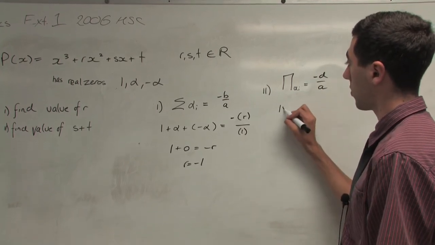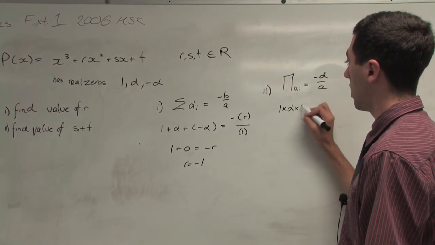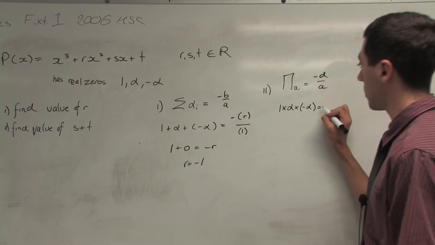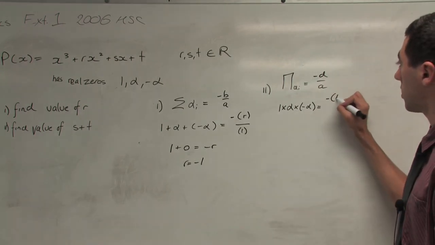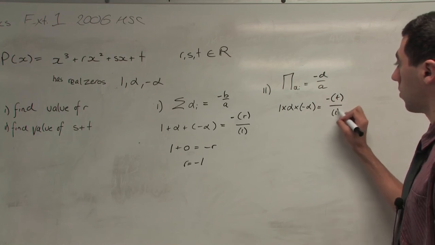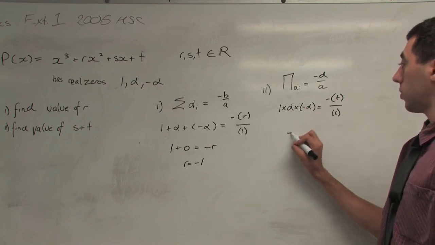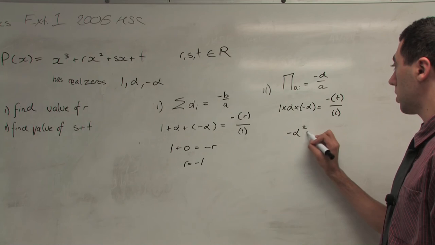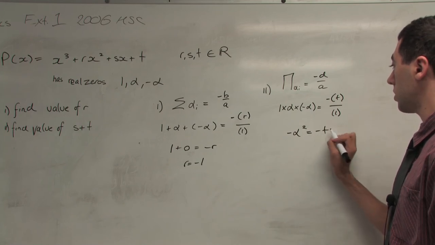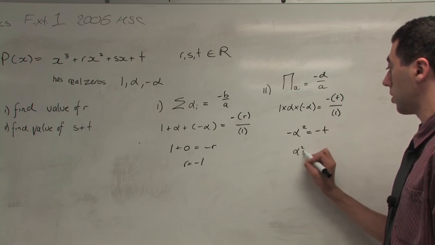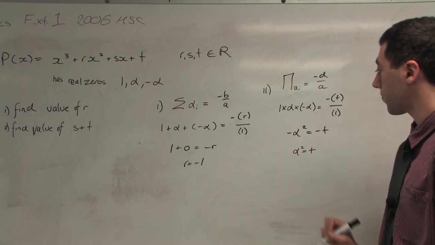So again, we're going to multiply the roots that we were given: 1, alpha and minus alpha. This is equal to minus d, which is minus t, over a, which is again 1. Doing all this, we get that minus alpha squared equals minus t, hence alpha squared equals t.